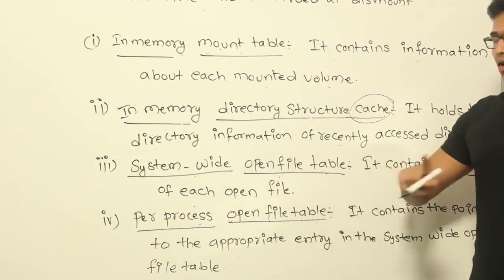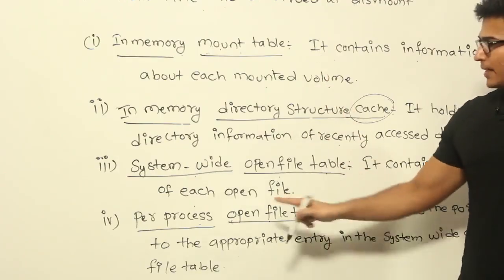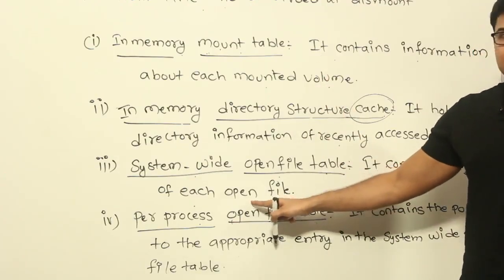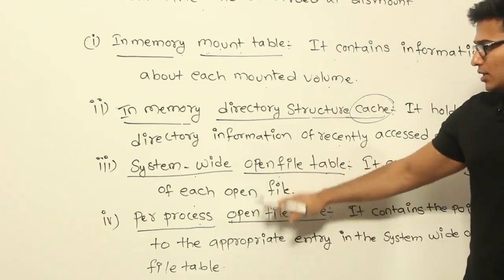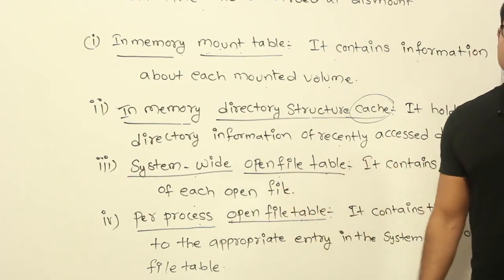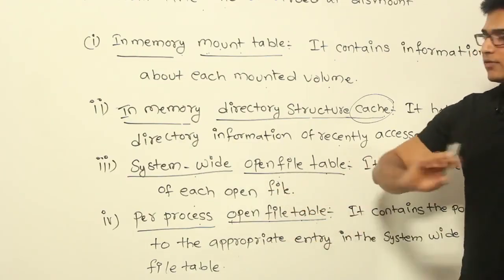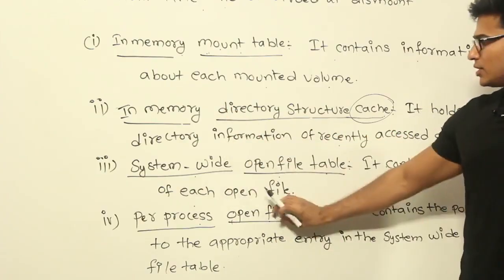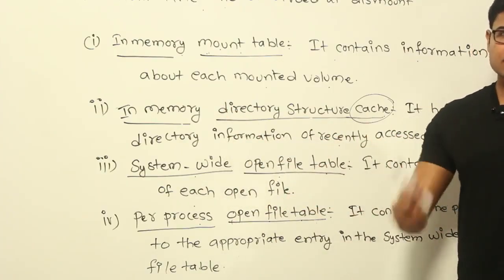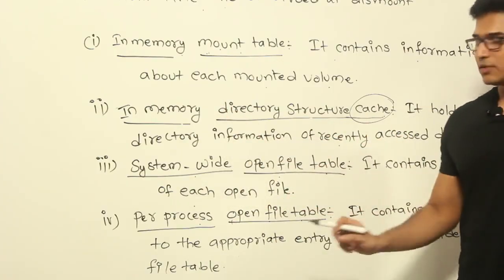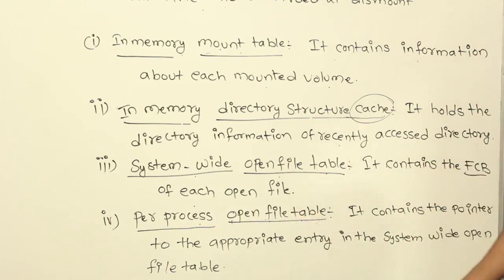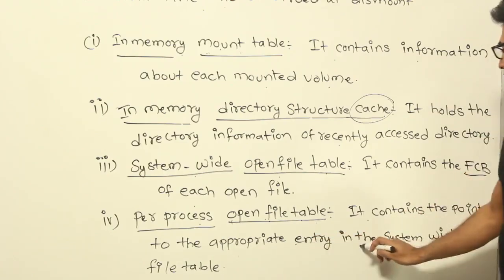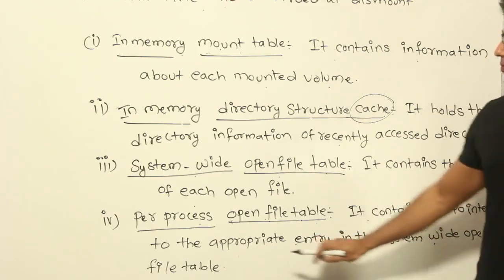It is going to contain all the files which are open, and this one is going to tell us which process has opened those files. Therefore the information is the same, but just the organization is different. Here all the files will be listed out, and here only the files which are opened by a process will be listed. So what we can do is maintain some pointers. It contains the pointer to the appropriate entry in the system-wide open file table.